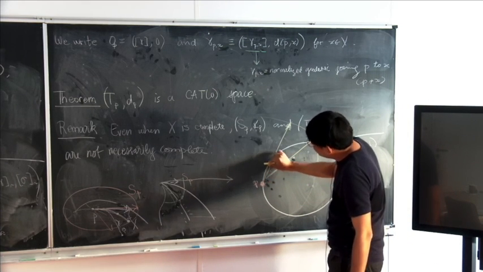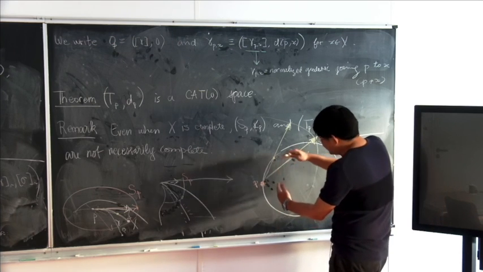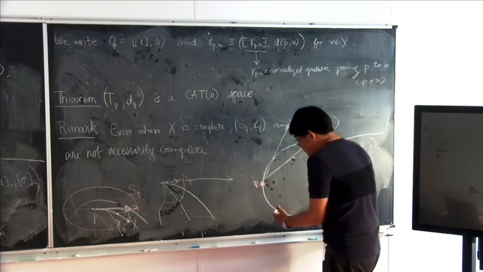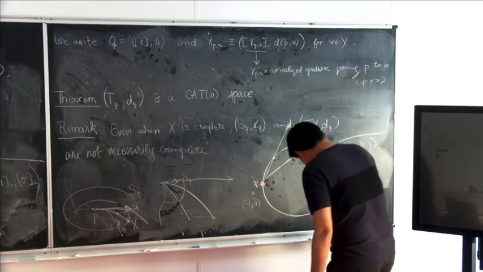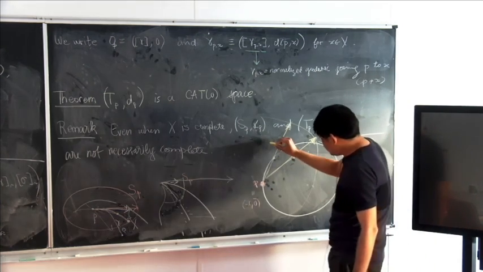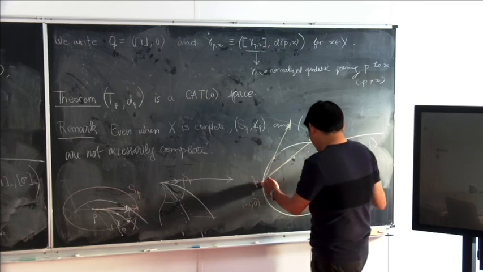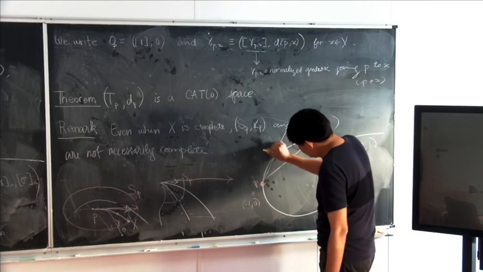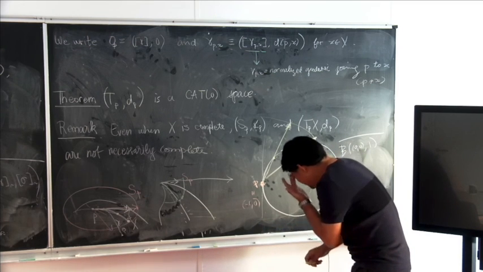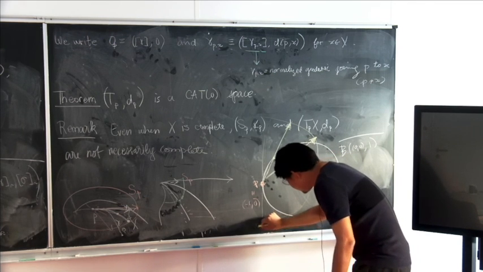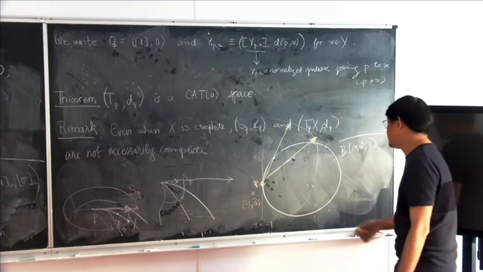So if I take this P to be particularly the point (-1, 0), then the tangent line of this circle is this straight line. The equation of this line is x equals -1, quite simple.